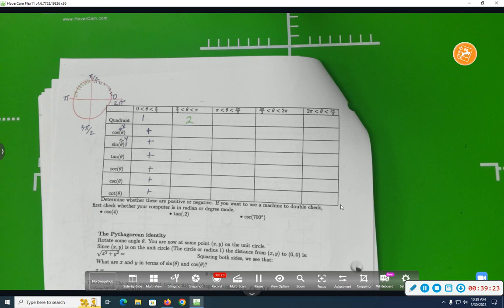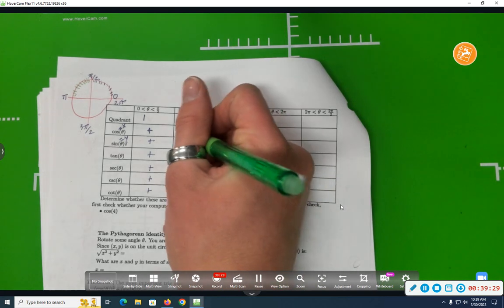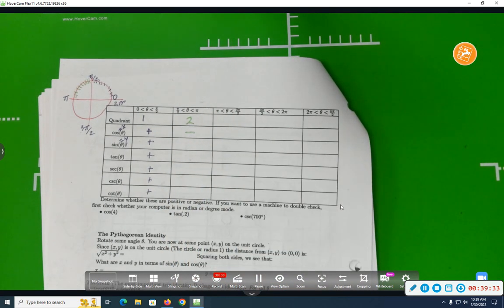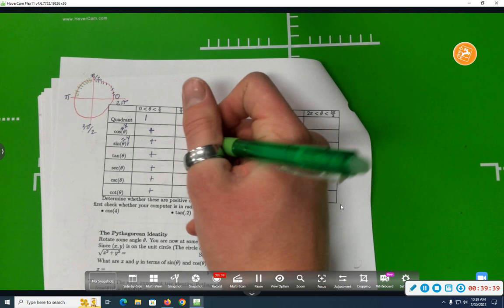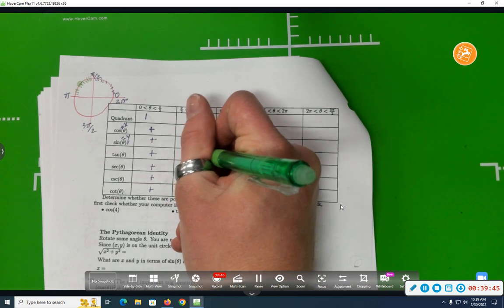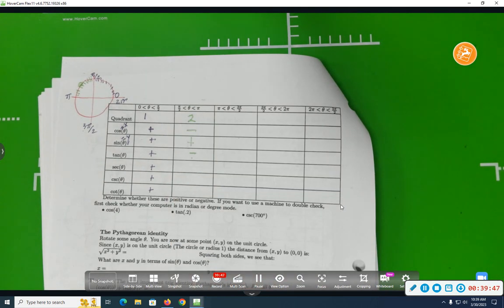So let's ask ourselves, in quadrant 2, will cosine be positive or negative? And I think I'll settle for cosine, sine, and tangent for this. What about sine? Positive, because that y value is positive. How about tangent? Negative, because it will be a positive divided by a negative.